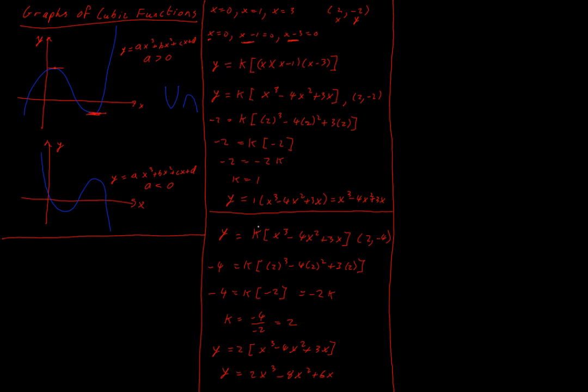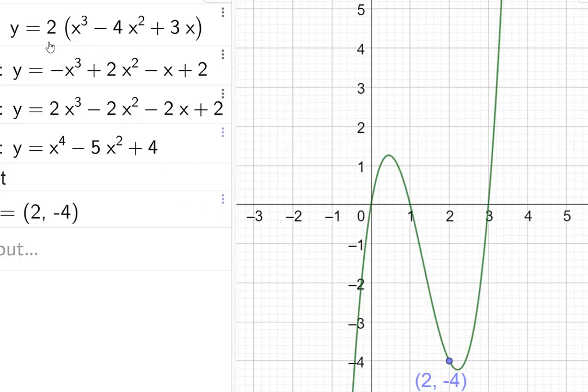So this is why the k is important, because I need to double check using my extra point, using either the y-intercept or another point on my function. I need to be able to check what my constant is going to be, because, changing back to GeoGebra, they could very easily give you a situation like this where they had doubled what you would get from just multiplying out the factors. So we need this third point.